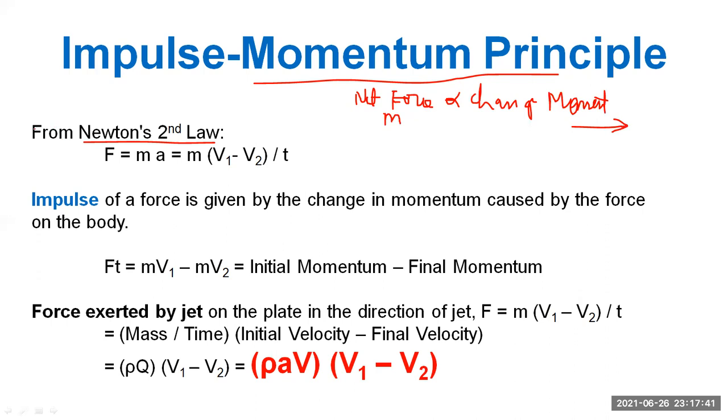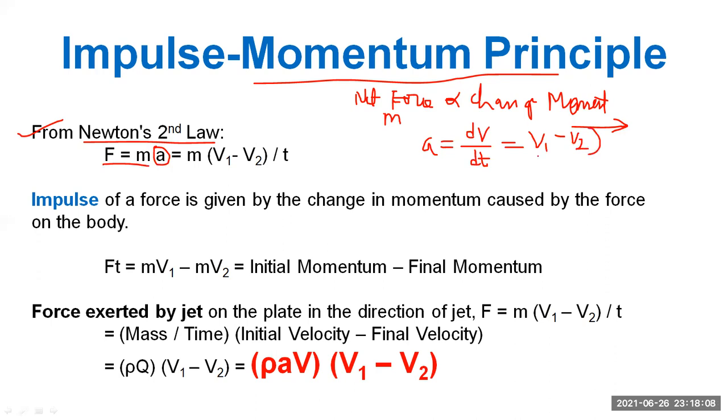And this impulse momentum equation is obtained from Newton's second law, that is F = ma, where a is the acceleration. Acceleration is the change in velocity with respect to time. The rate of change of velocity is the difference between the initial and the final velocity.